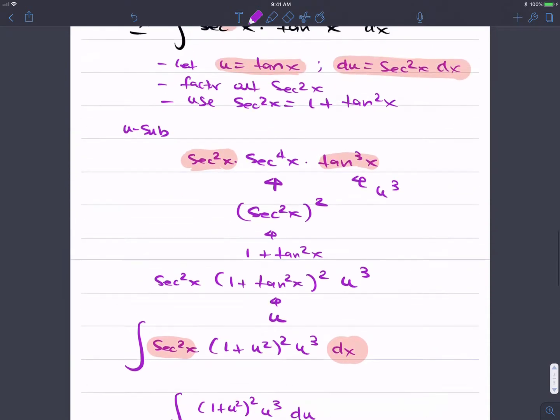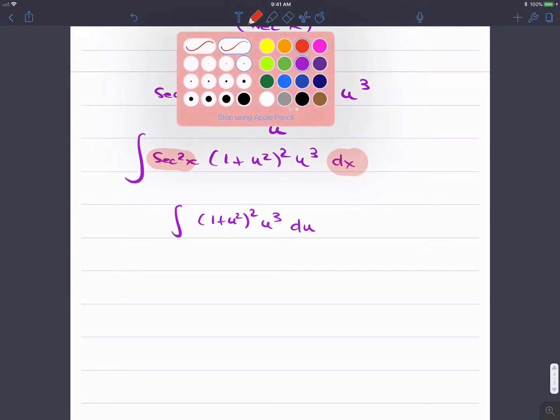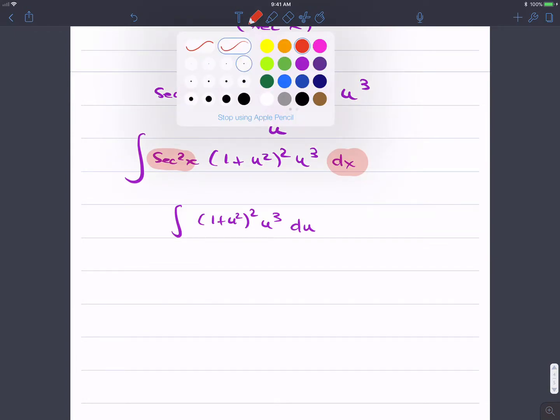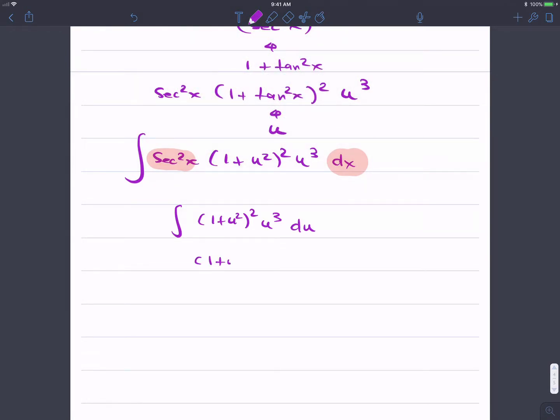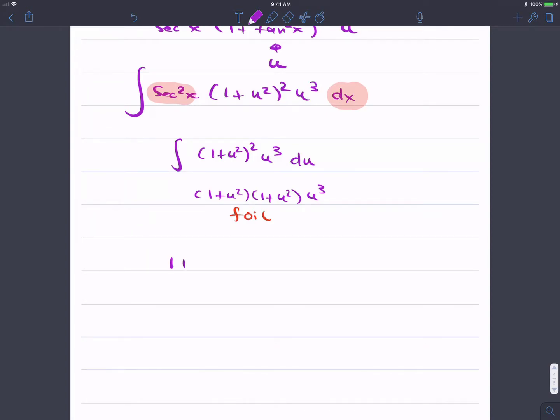So this is the process that we use, and now you can see here that there's some algebra to perform, because this portion here is 1 plus u squared times 1 plus u squared, u to the third power. This portion here becomes a nice FOIL. And by FOIL you get 1 plus 2u squared plus u to the fourth, when multiplied by u cubed.